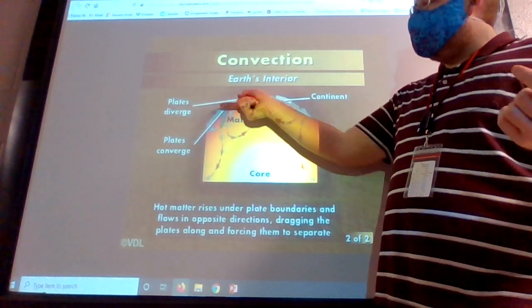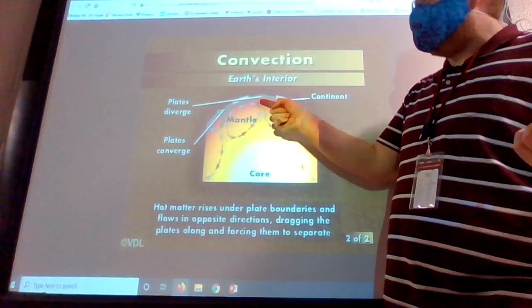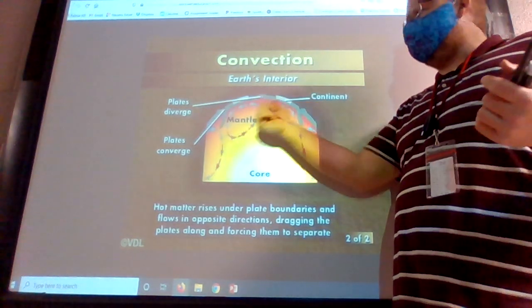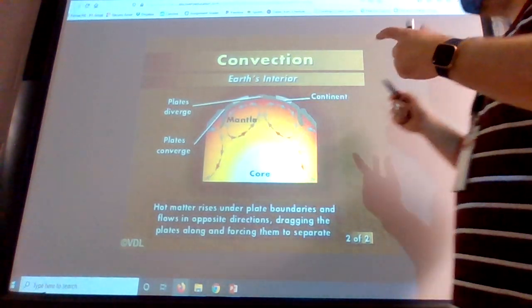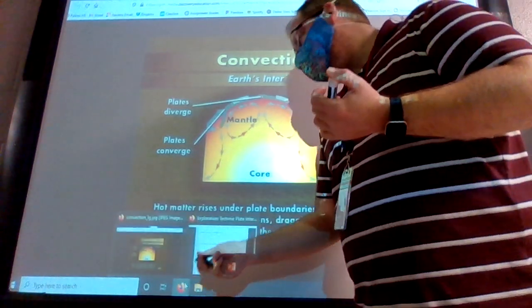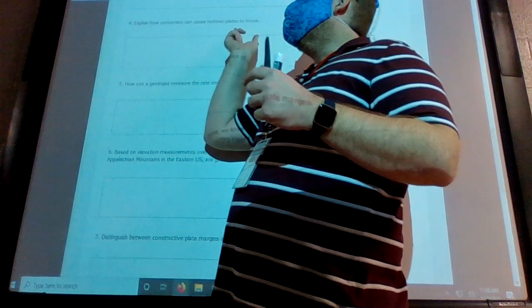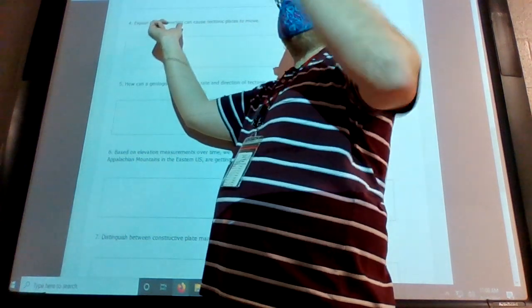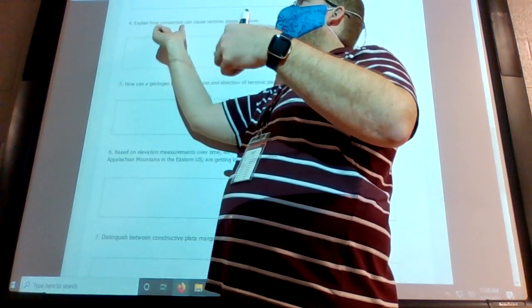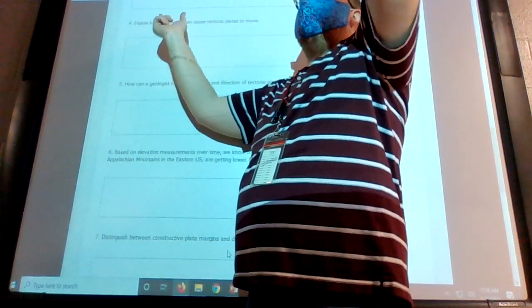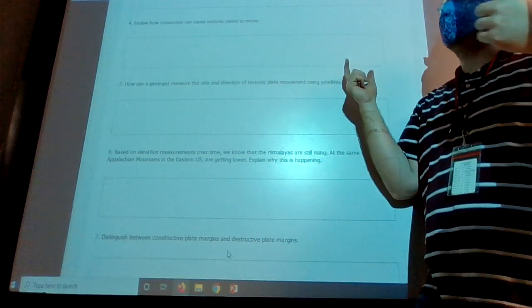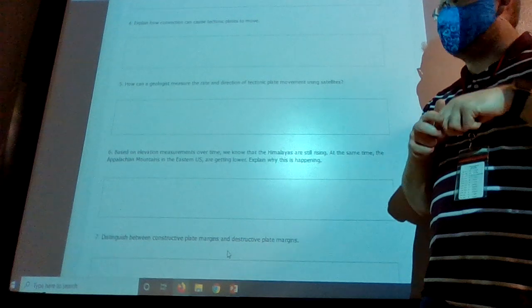Where these arrows are pointing to the left, your plate is going to be moving to the left. Where they point to the right, your plate moves to the right. So in a convection cycle, there will be side-to-side movement. At the top, whichever direction that movement is going, that's the direction your plates will move.